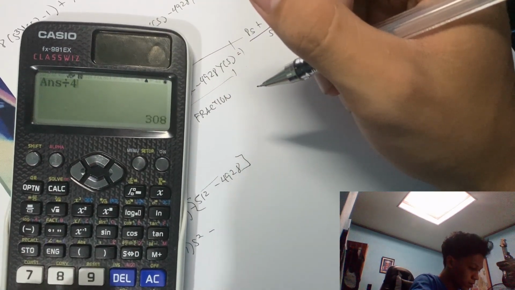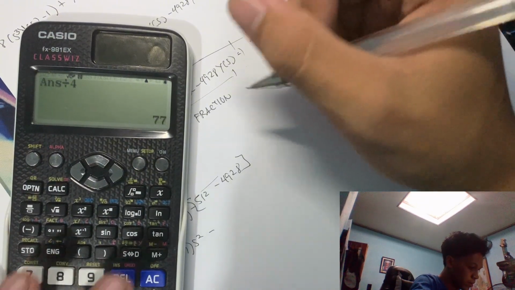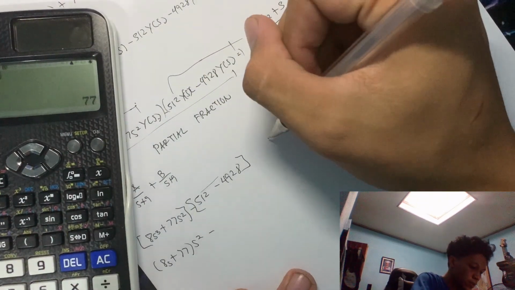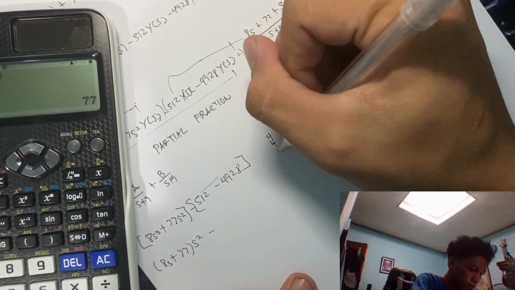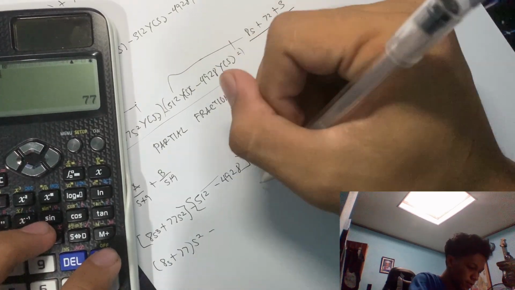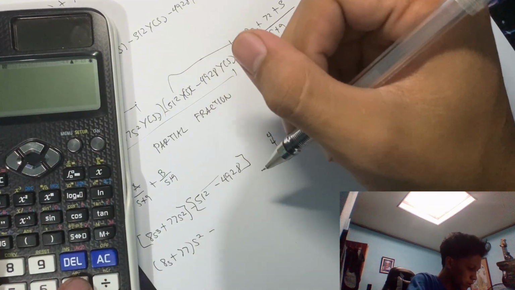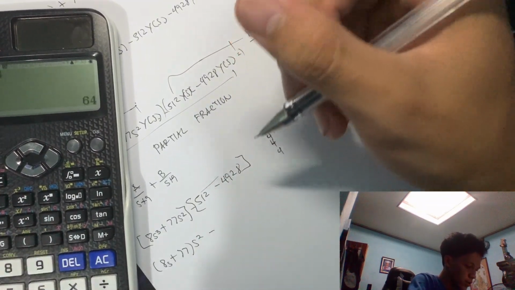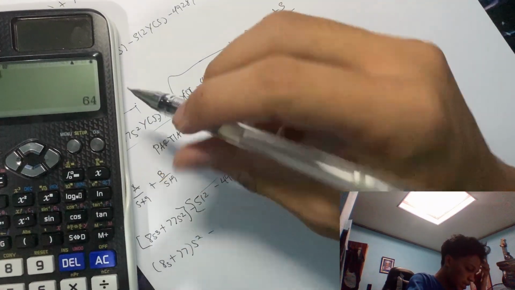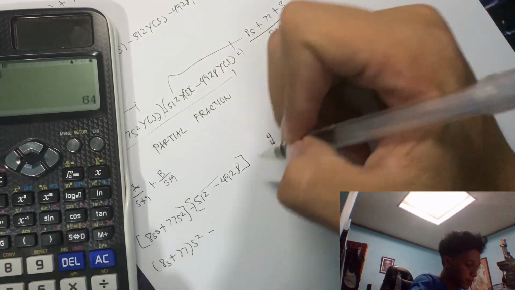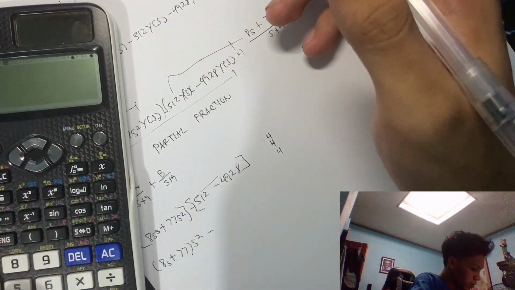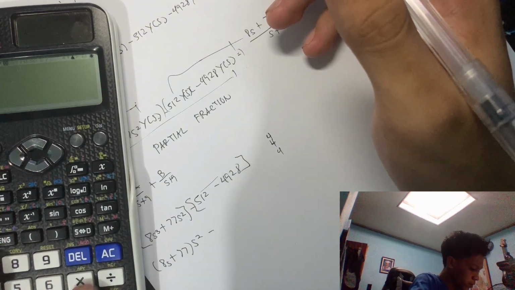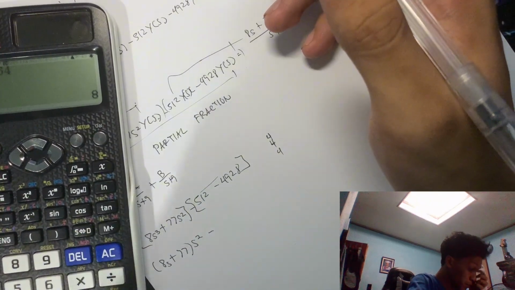Divided into 4, 308. So continue, giging 77 siya. So 308 divided by 4 is 77. So 77 times 4 is 308. So 16 times 4 is 64. So let's try to divide 512 by 64. 512 divided by 64, so it's 8.